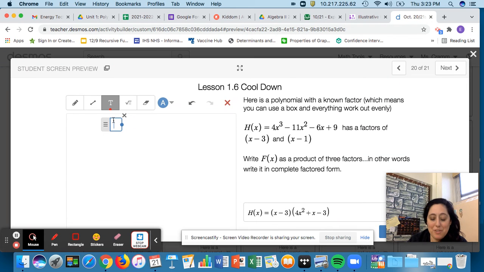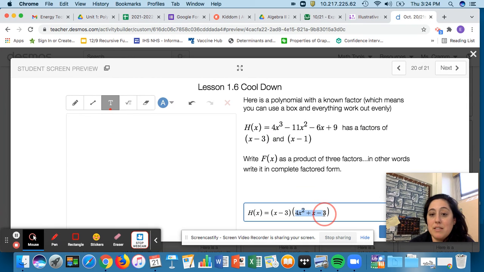I'm now factoring just what's in this new parentheses. Because if I look at x minus 3, that would be linear. If I graphed it, it would be a line. Anything that is not linear, I know I can factor further. So here I've got 4x squared plus x minus 3.